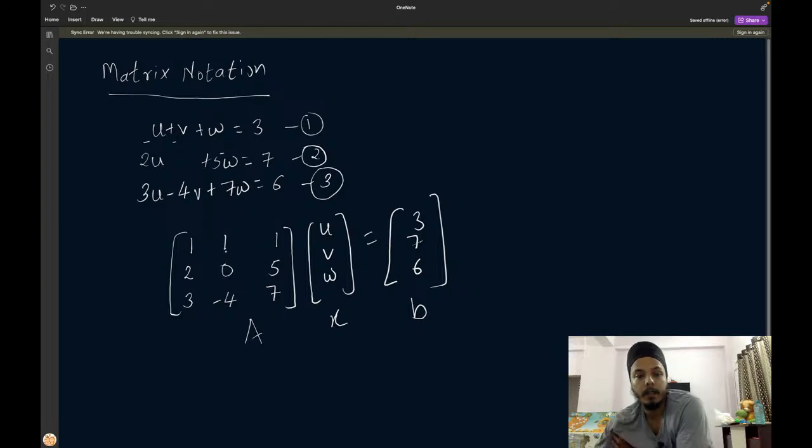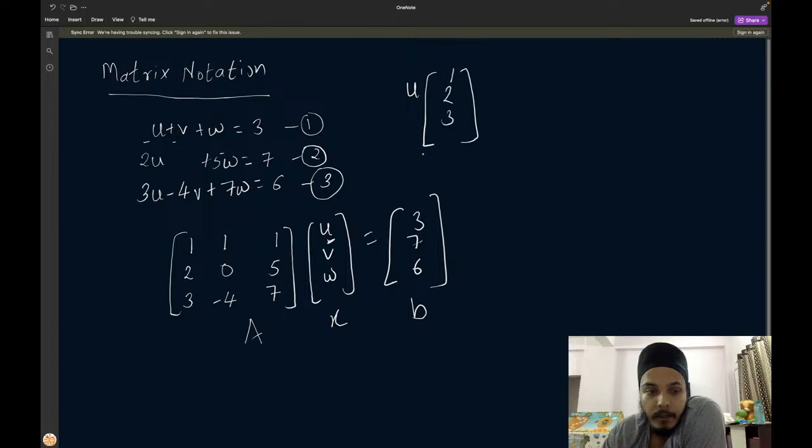So here we saw that multiplying this row with this column will give us this part. Now there is another way in which we can write this Ax equals to b. You take one of these variables, that is u, then take another variable v, and then another variable w. So you can write this as u times the first column 1, 2, 3, because our u only gets multiplied by the first column.